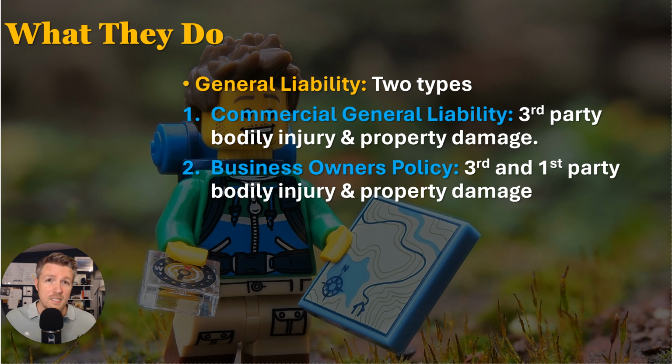So a bunch of PCs or maybe some servers, and you're like, hey, if there's a flooding or a fire or maybe some theft, maybe you're worried about that. All right, so then a business owner's policy could come into play there. So that's third-party bodily injury, property damage. So that's some other person, somebody else's stuff. And first-party, so that's your stuff and then somebody on your property.